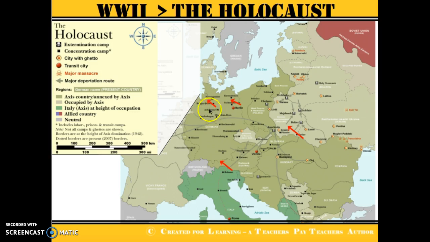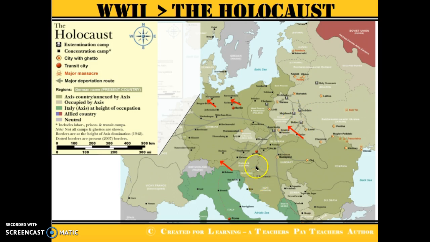But if you look carefully, and you can pause this when I'm done explaining it to zoom in or take a look. The black boxes with a little white in them were extermination camps.